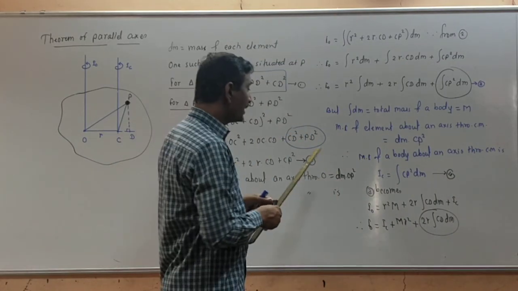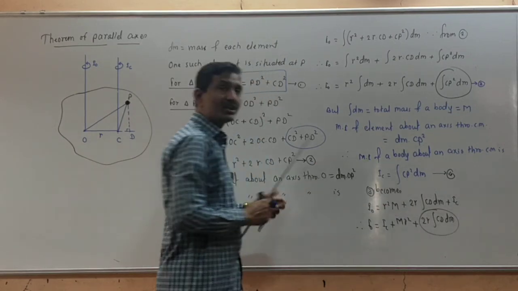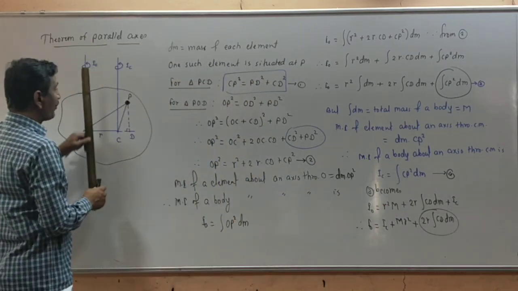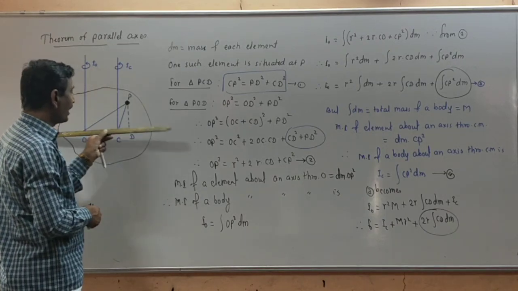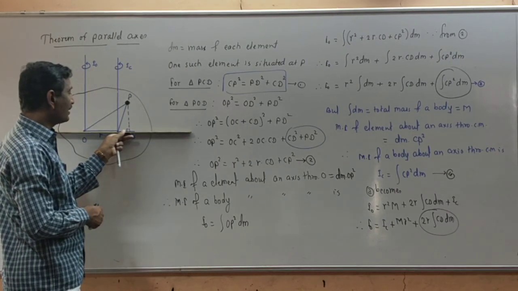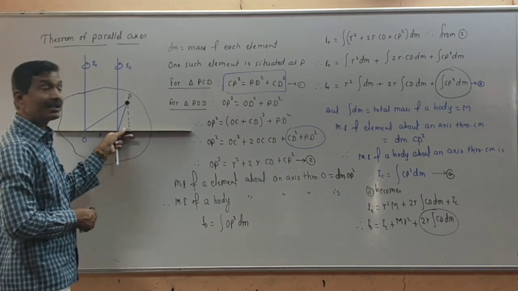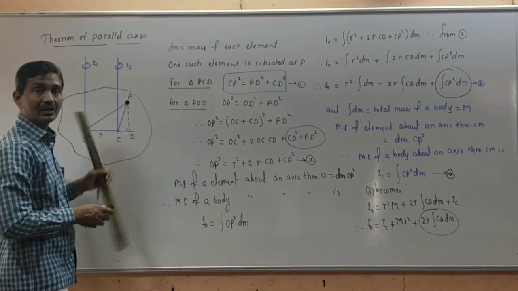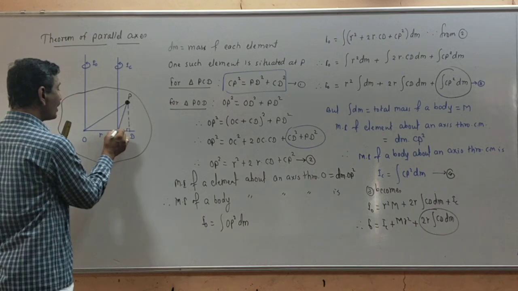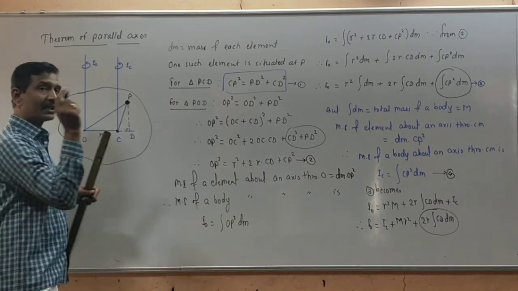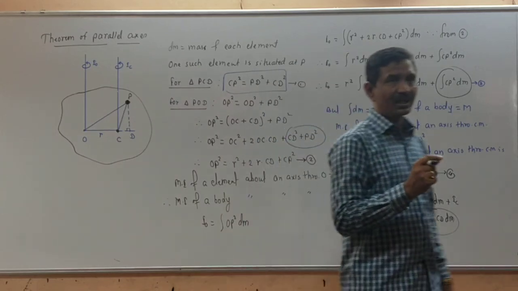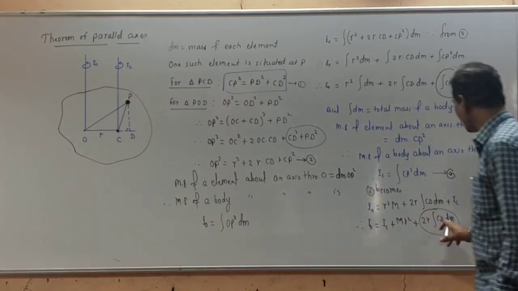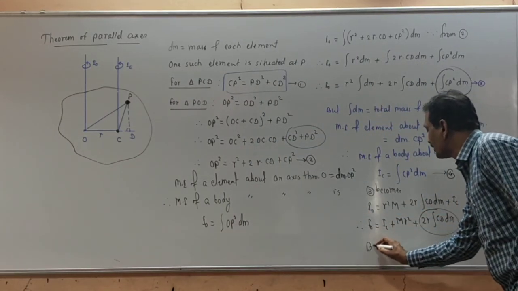Now, if we consider the term integration of CD dm, we consider this axis as the axis of rotation and this one is the axis passing through the center of mass perpendicular to the axis of rotation. So point C now lies exactly on the axis of rotation. It is a point mass and therefore integration of CD into dm is equal to 0.